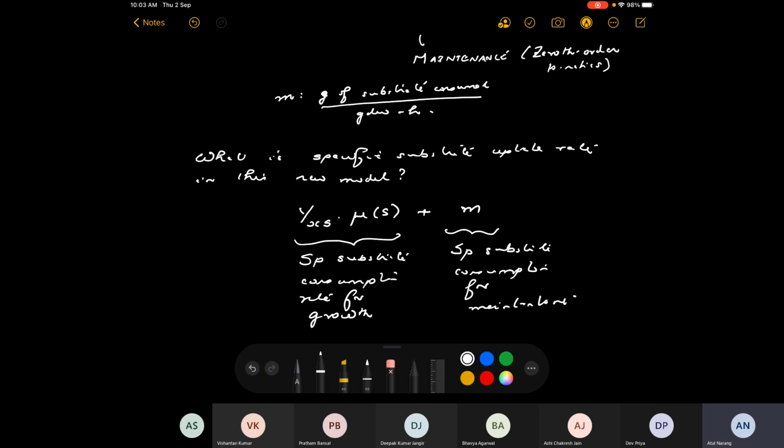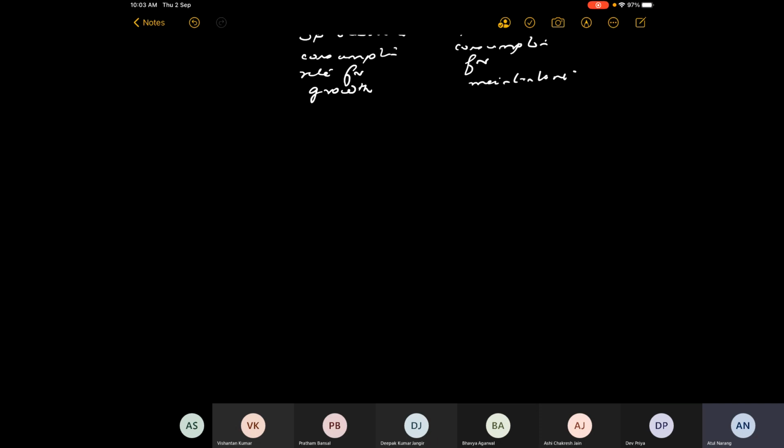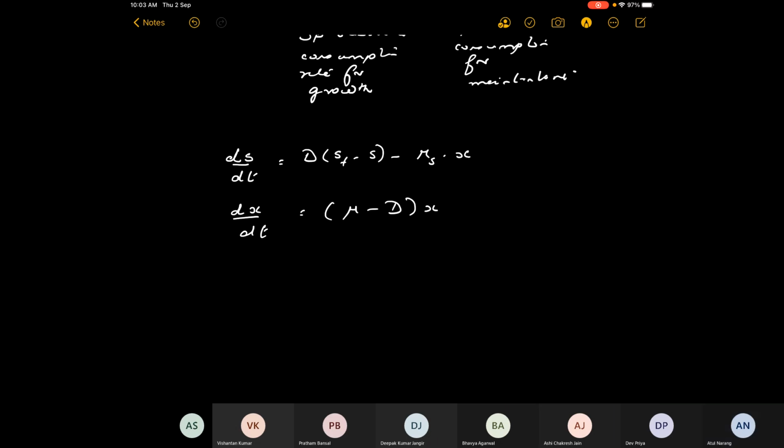Okay, so now we're ready to plug this into the model. It's a very minor modification of the earlier model. Our earlier model said dS/dt equals the mass balance equations, which of course always remain the same. Only the kinetics have changed. These are our mass balance equations, and at steady state, the derivatives are zero.